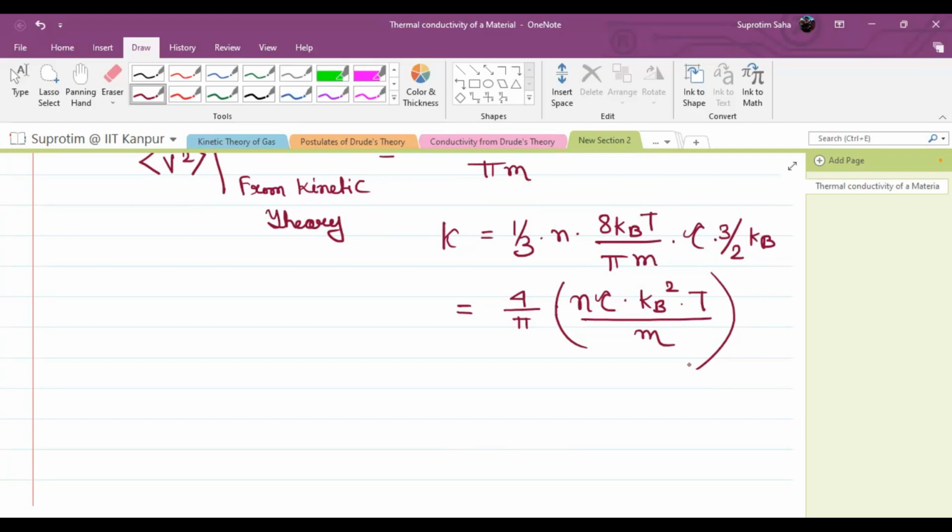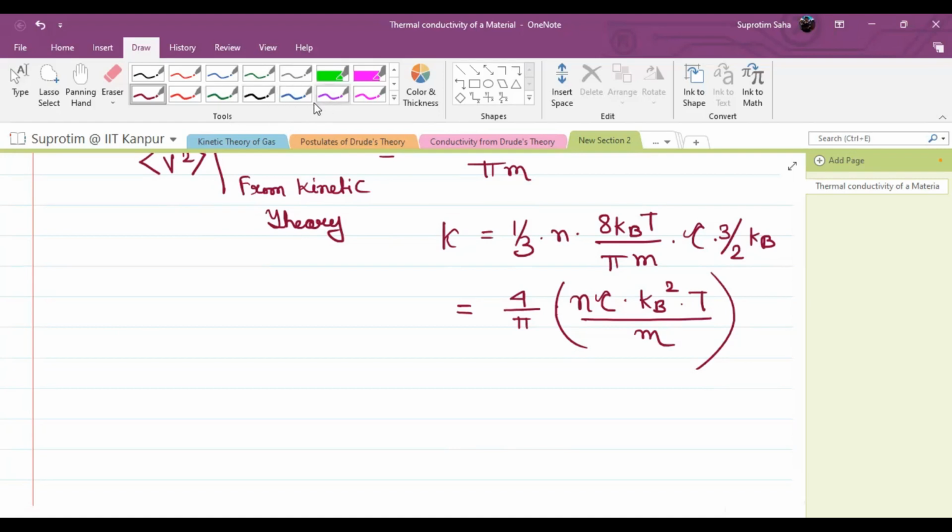Electrons are also the agent that transfers thermal energy from a hotter end to a colder end, along with carrying a charge. So, is there any relation between thermal conductivity and electrical conductivity?